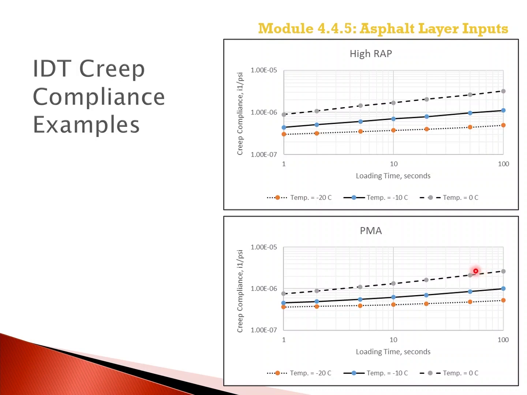At the colder test temperatures, the dense graded mixture is behaving more like an elastic material, and as the test temperature increases, the viscoelastic component becomes more predominant. This is true for both types of mixes, the high RAP mix as well as the polymer modified mix.